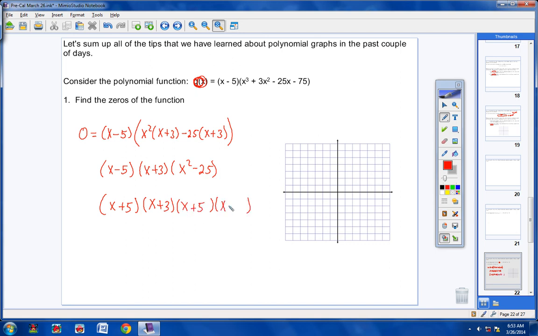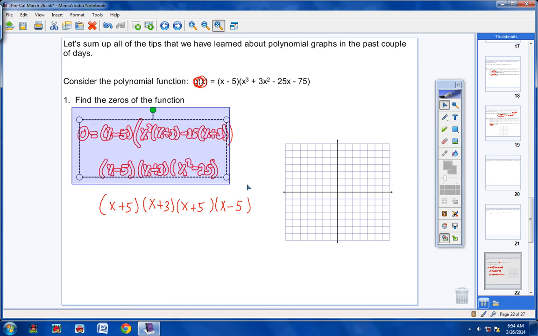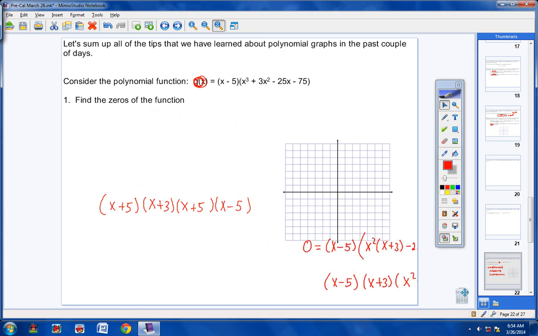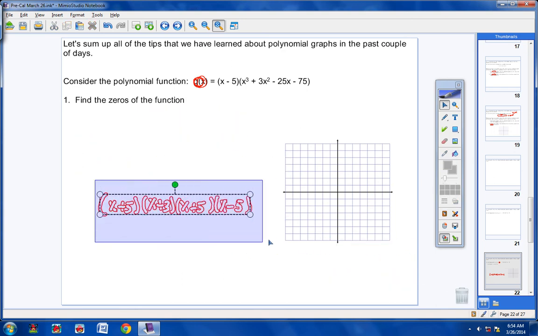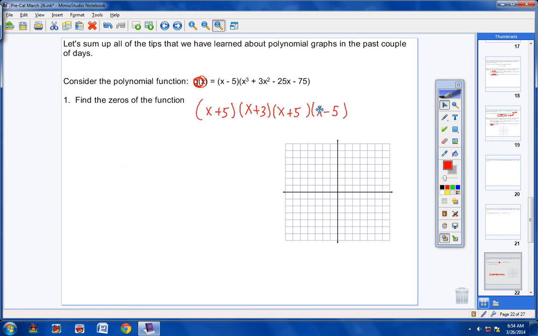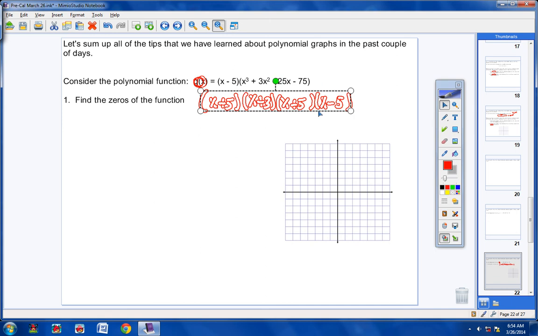And I won't go over that factoring. You should know how to do that. So there, we're almost done. We're finding the zeros. So we're just basically reviewing a lot of stuff that we've done for the past many days, okay? So there's the factored form.